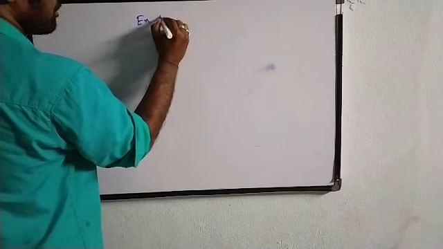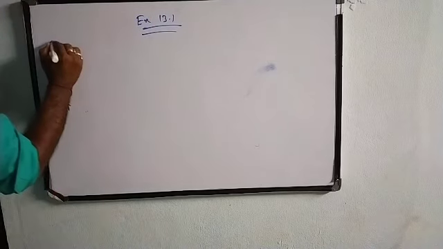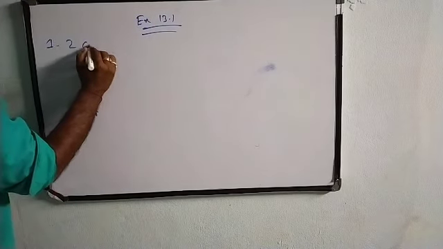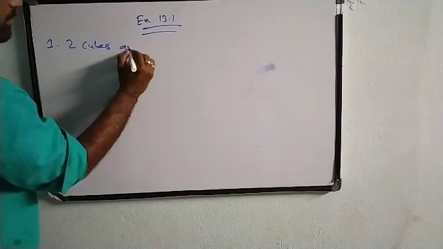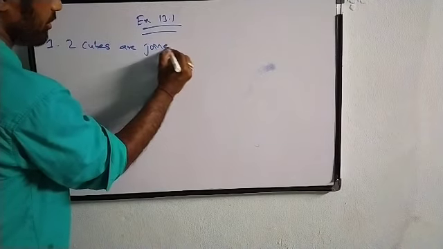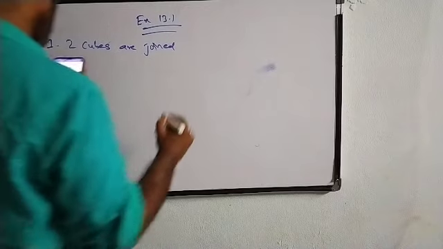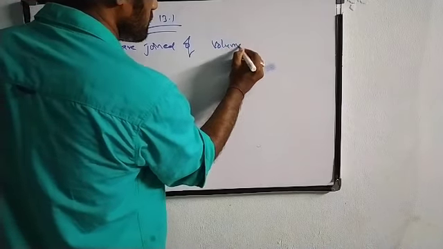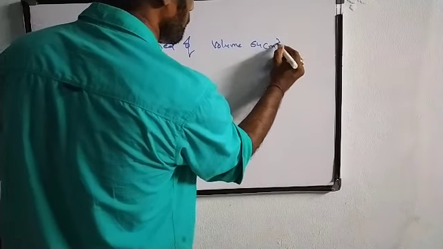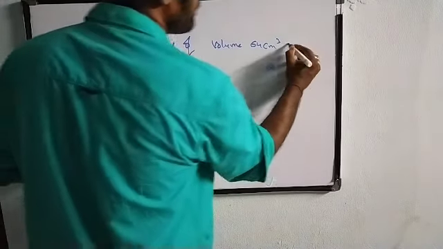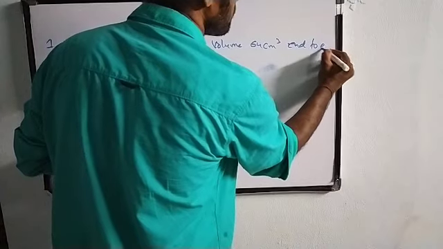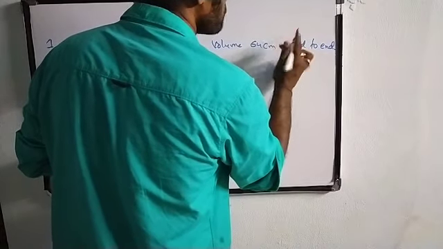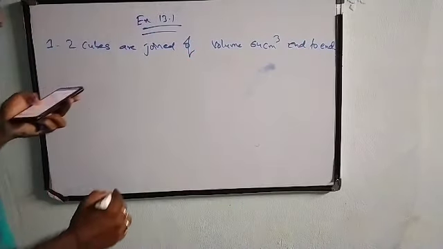Exercise 13.1. First question. Two cubes, each of volume 64 centimeter cube, are joined end to end.